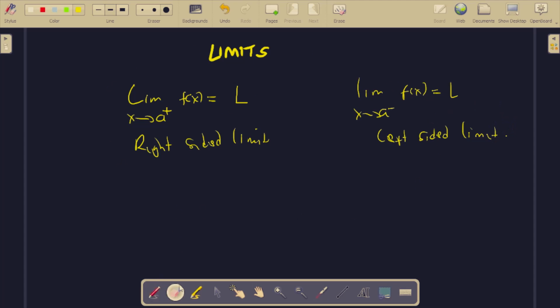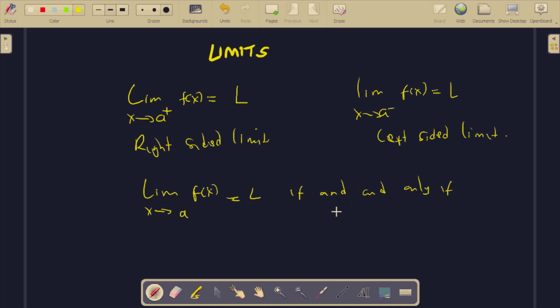Now this is a story for another video, but what I'm going to say is that the limit of a certain function, let's call that function f of x here, as x tries to approach a, is going to be equal to L if and only if the two sided limits are equal.